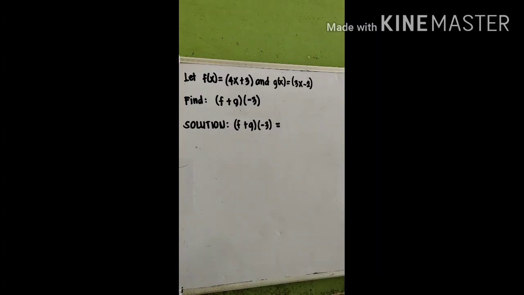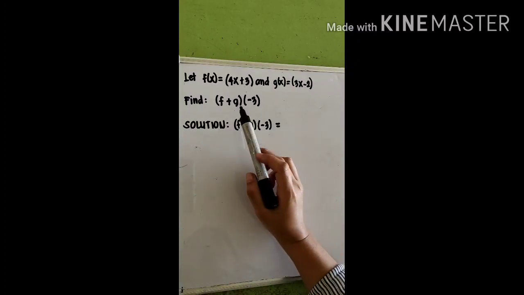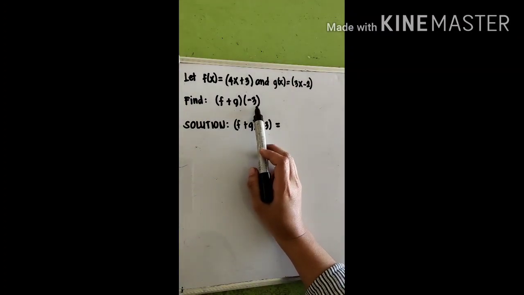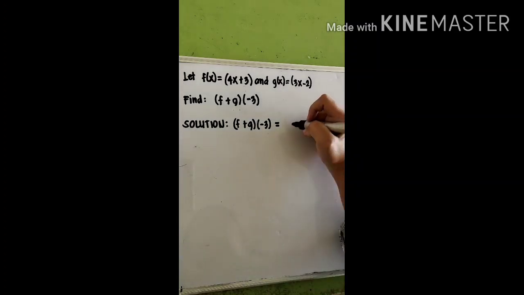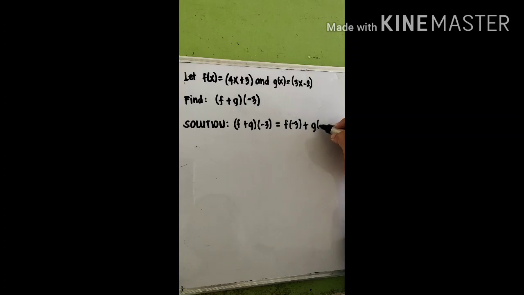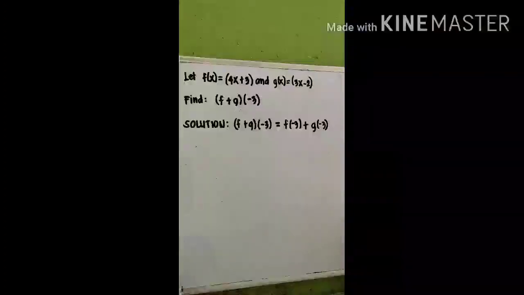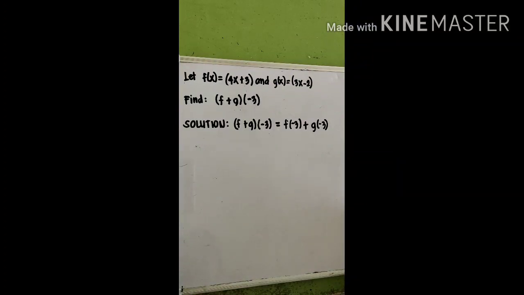For the second example, we are going to find the sum of f(negative 3) and g(negative 3). So we have f(negative 3) plus g(negative 3). We are incorporating here evaluating functions with operations on functions.